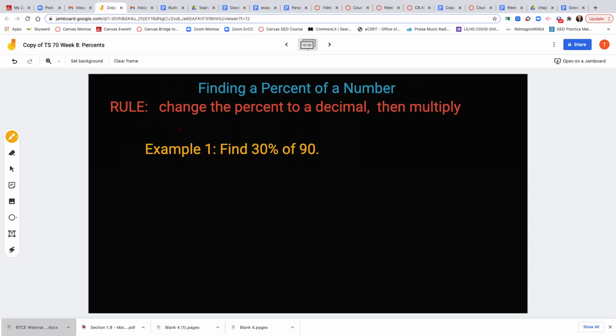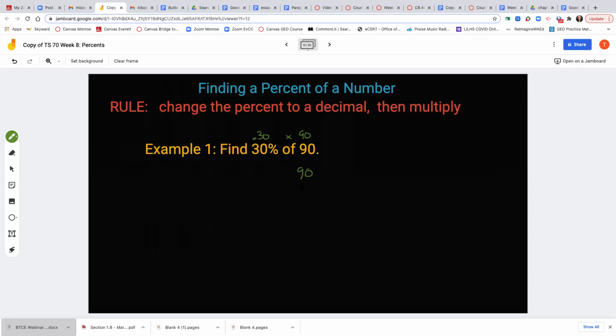All right. So again, the rule: change the percentage. If they say find 30% of 90. Okay. Well, I just want to point out to you again the magic of our sentence. Of means times, right? So it's really saying find the answer of 0.30 times 90. Okay. And so visually, I write it out like this for some people.